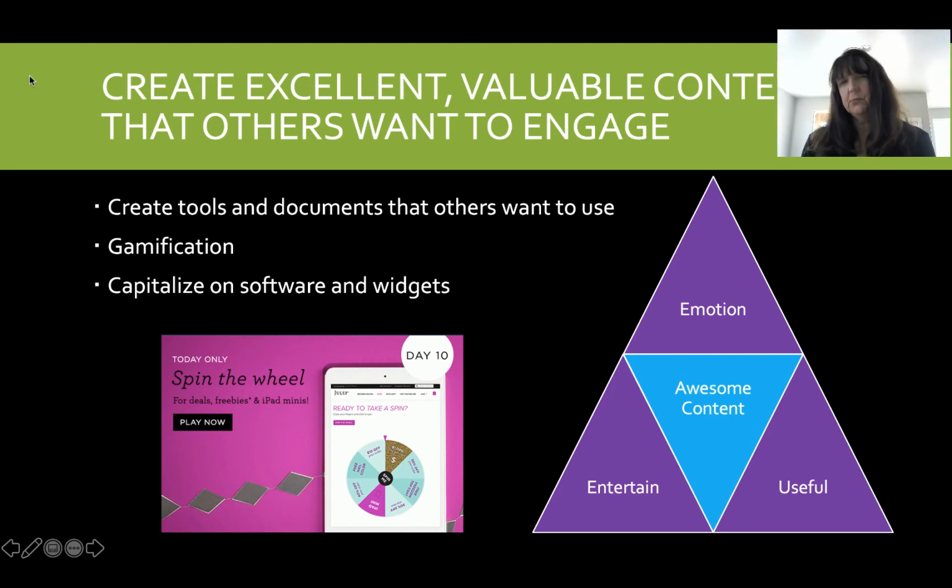All of those things are really great. But one of the things that is super important is that your content has to have some value to the person who consumes it.